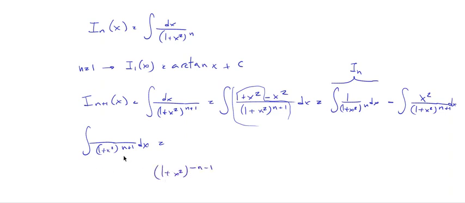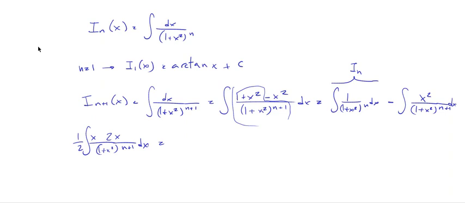In order to integrate this and get (1 plus x squared) to the minus n divided by whatever, we need to get in the numerator something that's the derivative of this, and this is equal to 2x, right? Now here we have an x squared, so this is x divided by 2, right?